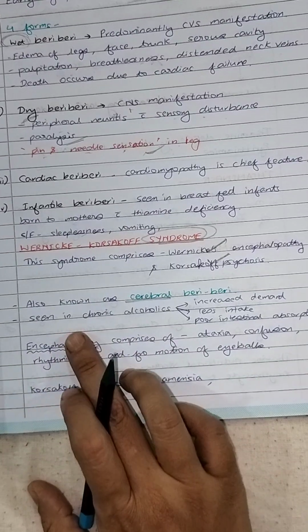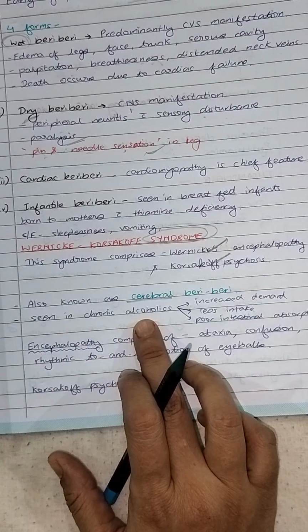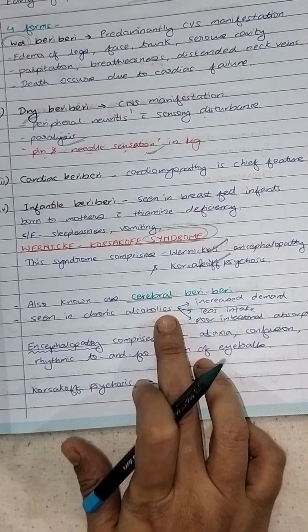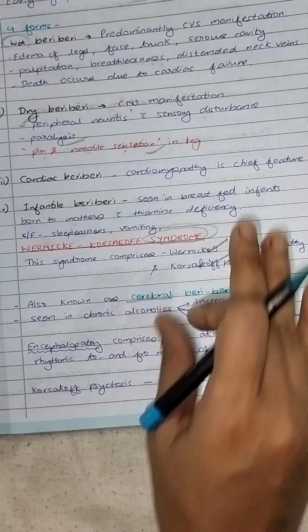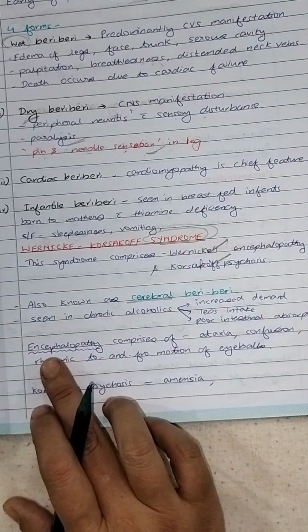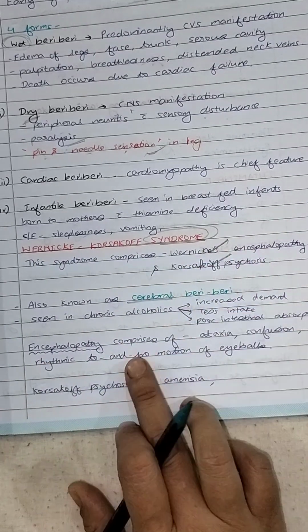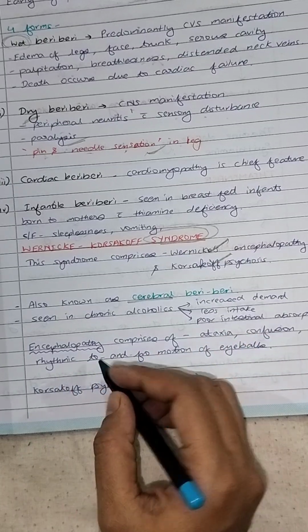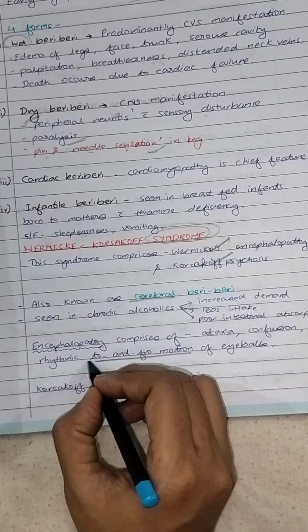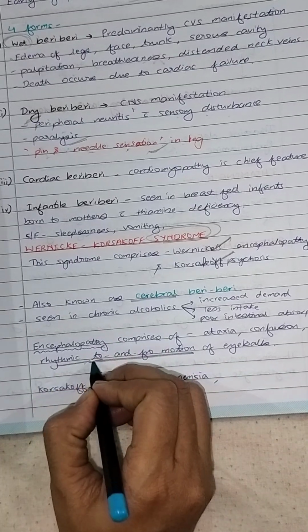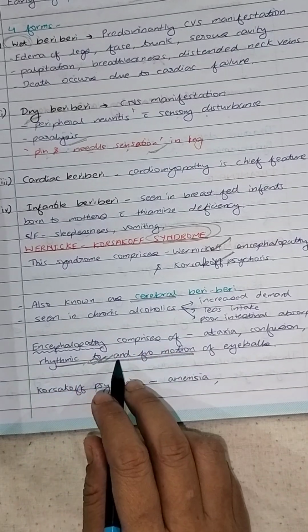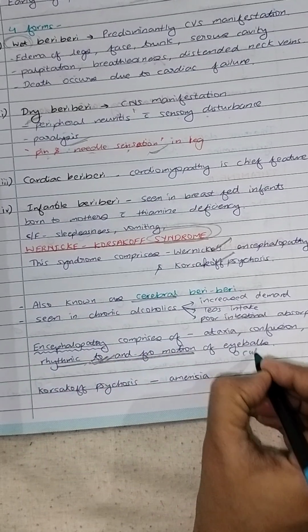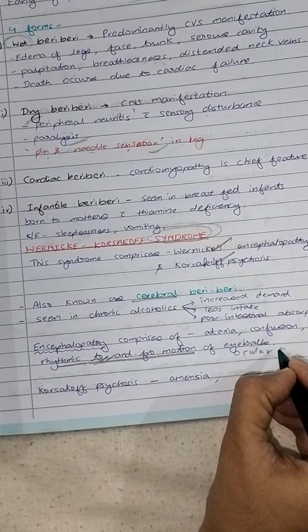It is seen in chronic alcoholics. What is the reason behind that? We will see. Wernicke's encephalopathy comprises ataxia, confusion, and rhythmic to-and-fro motion of the eyeball. This is an important feature. Ocular muscles will be affected.